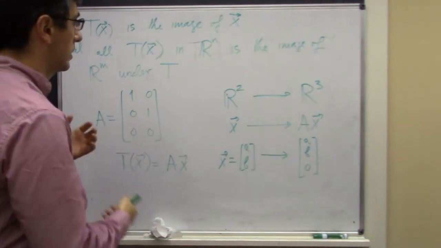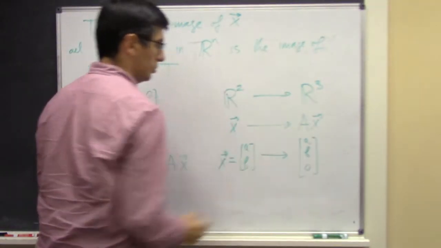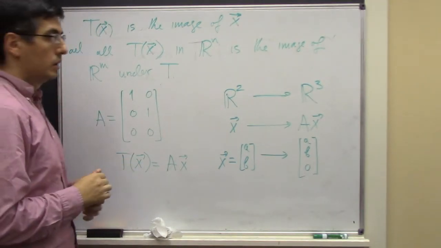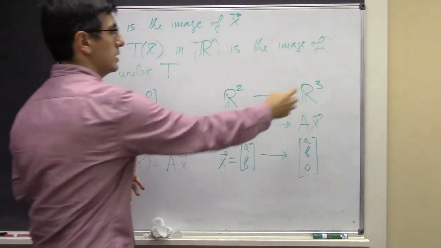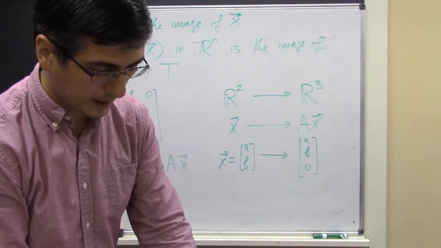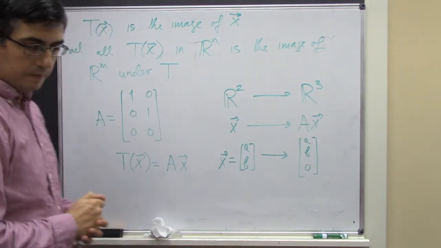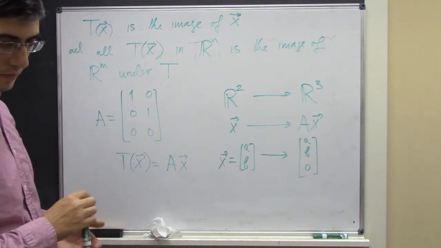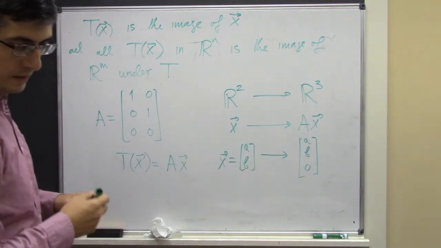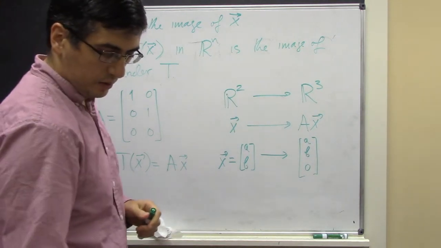There's an example where you cannot map onto R3. The image is strictly smaller than the three-dimensional space.